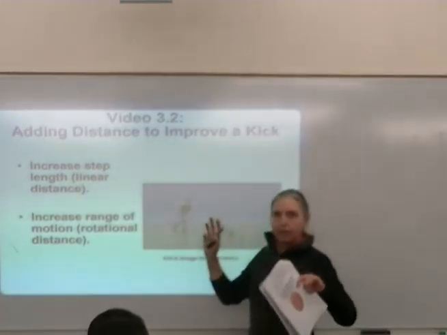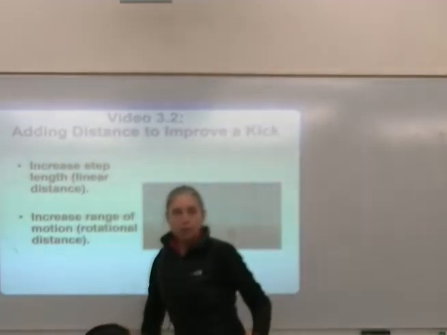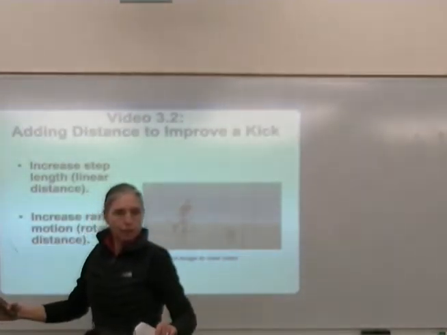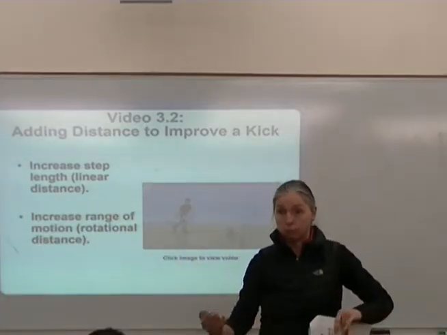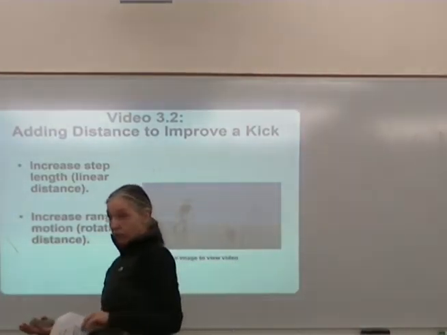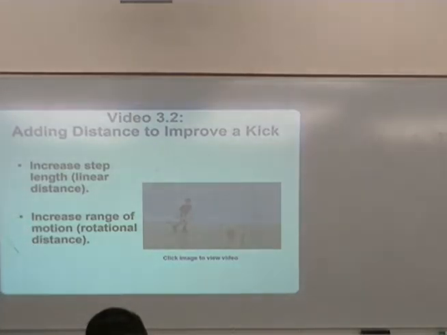If I take a little step, I'm only on one leg for a little amount of time. If I'm going to take a big step, I have to be on one leg for a long time. So what happens if this leg isn't very strong? I can't take a big step. So I have to have strength, which is an individual constraint.